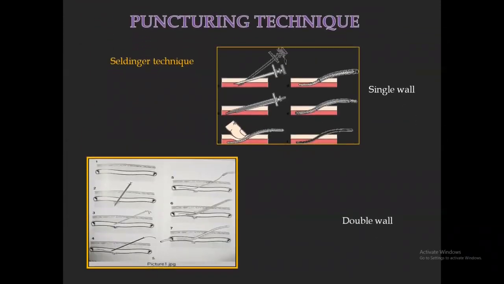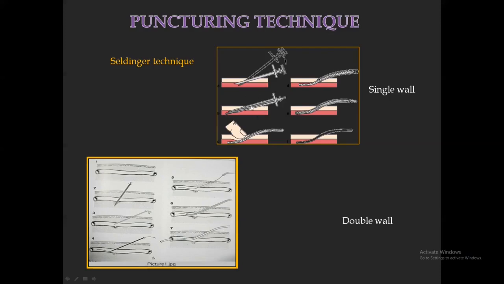The puncturing technique is known as the Seldinger technique, in which first we palpate the artery, feel the pulse, and insert a needle. Once the needle is inside the artery, a blood jet will start coming through the needle. At that time, we insert a guide wire, then remove the needle, and subsequently insert a sheath. There are two techniques called single wall puncture and double wall puncture.